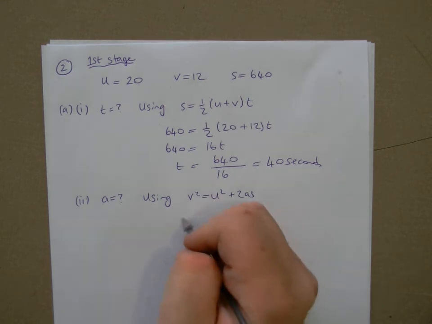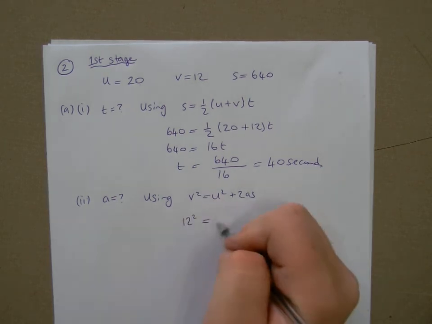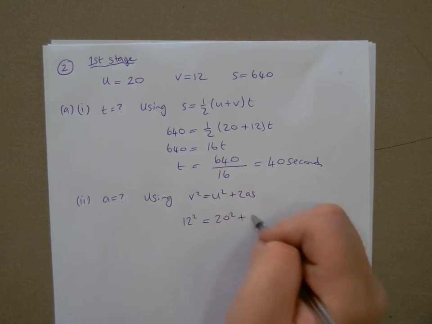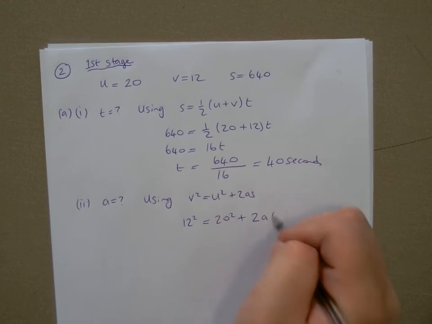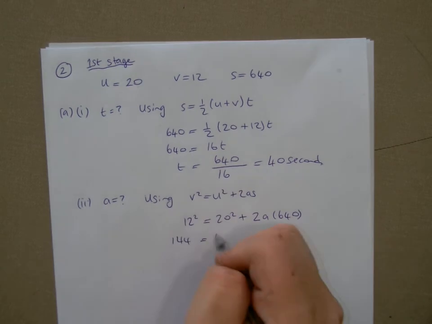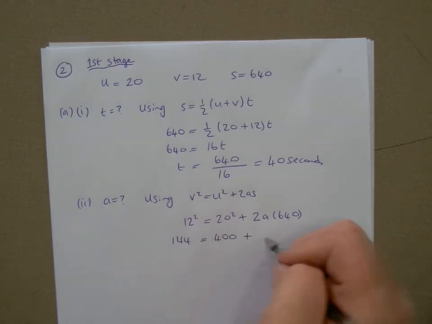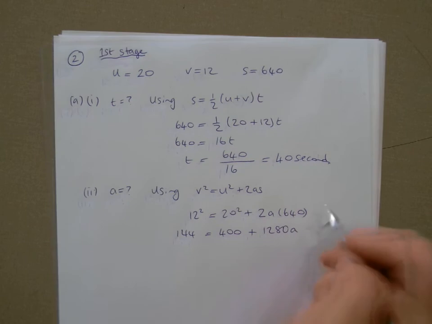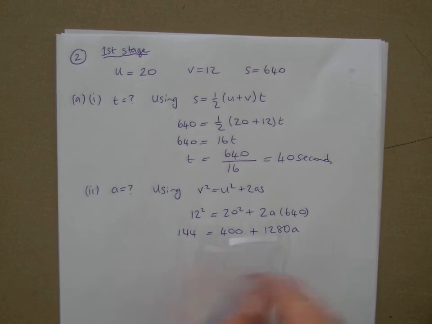So v squared, that's 12 squared, u squared, that's 20 squared, 2a and s is 640. So if we work all this out, check it on our calculator, of course. So we've got that situation.